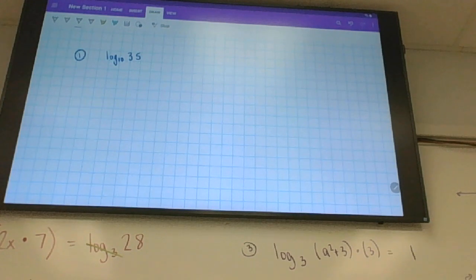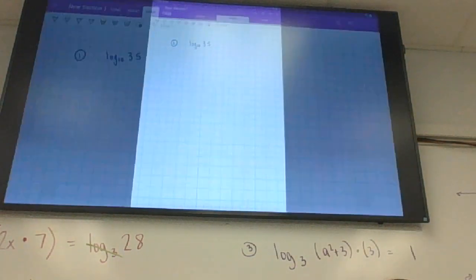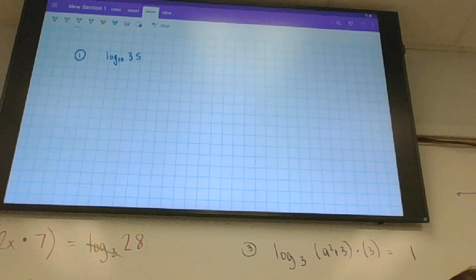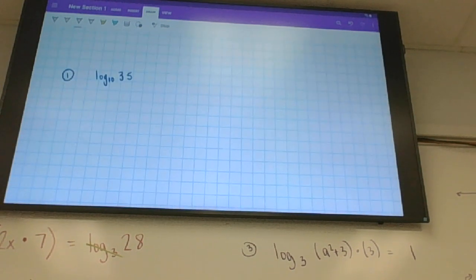Aiden, 10 to what power is 35? Well, 10 squared is 100. So go back. Okay, 0.12 is our prediction here.